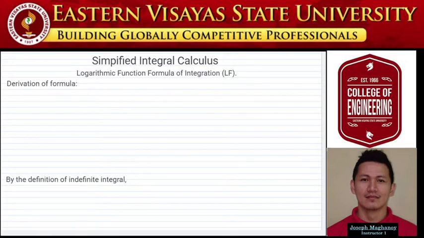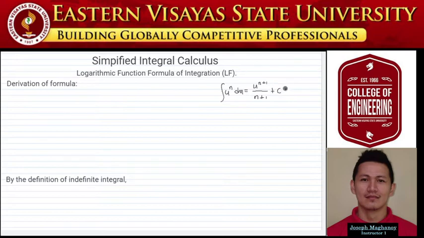So before we derive the formula of our logarithmic function, let's recall first our power formula. Our power formula is the integral of u raised to n du is equal to u raised to n plus 1 over n plus 1 plus c.